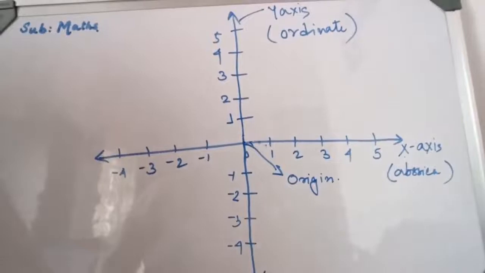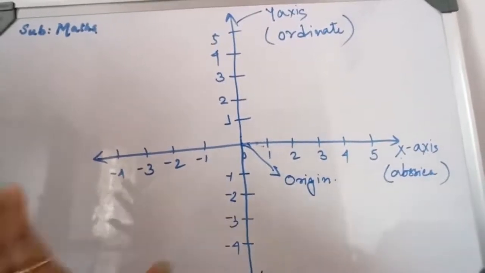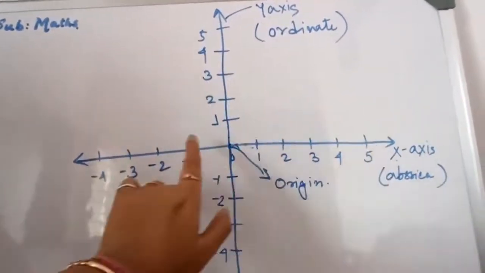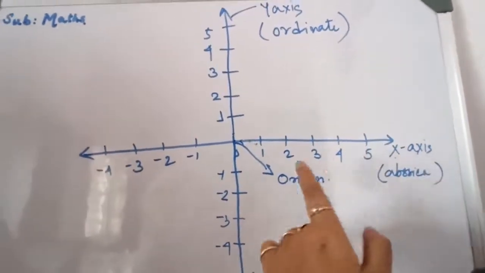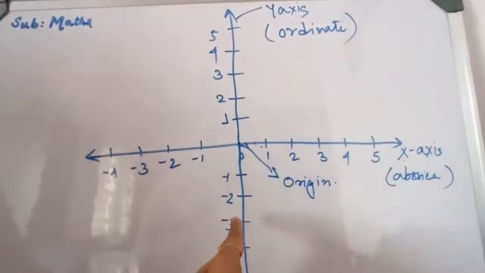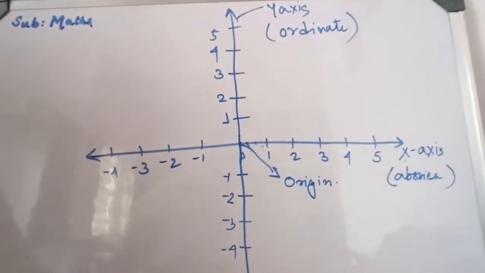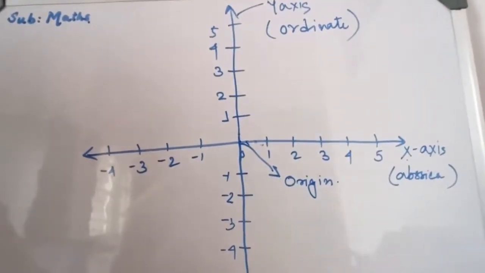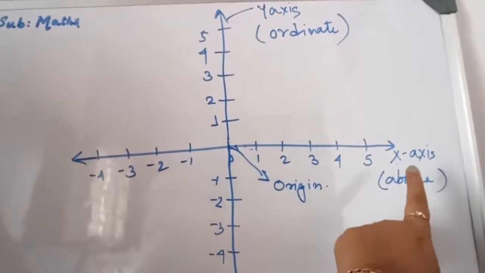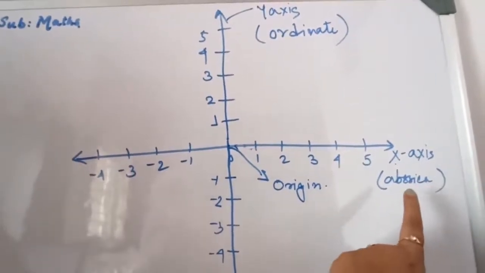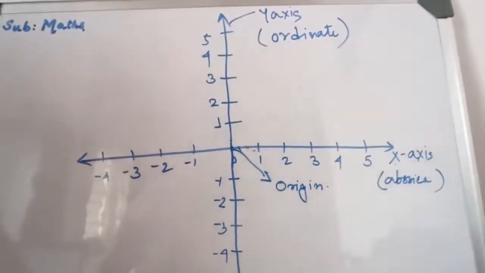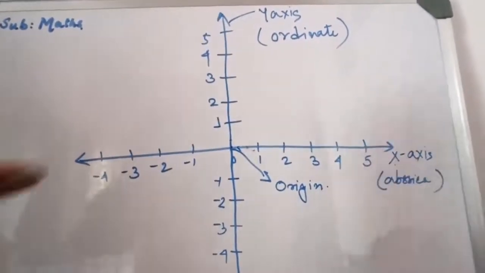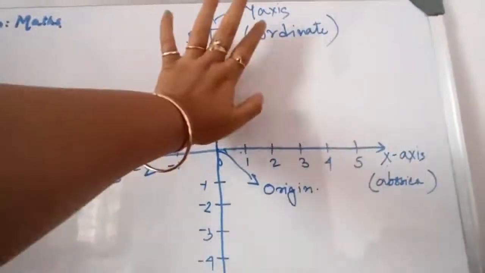Next, we have learned that the horizontal line is known as the x-axis and the vertical line is known as the y-axis. Next, that the x-axis is known as the abscissa and the y-axis is known as the ordinate.